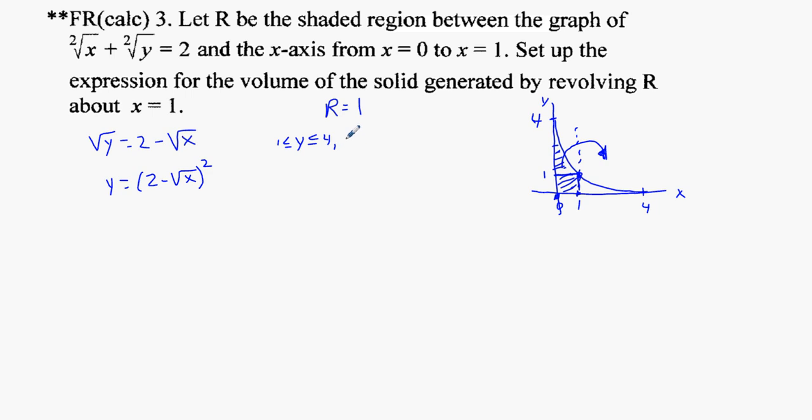our big R is equal to 1, but our little r is going to be 1 minus this function here.